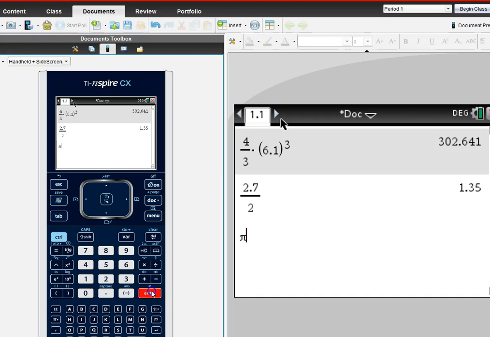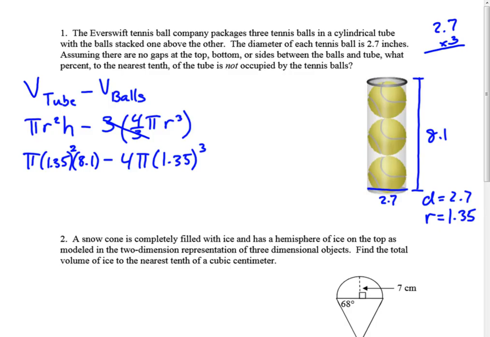So pi times 1.35 squared times 8.1 would be 46.377.